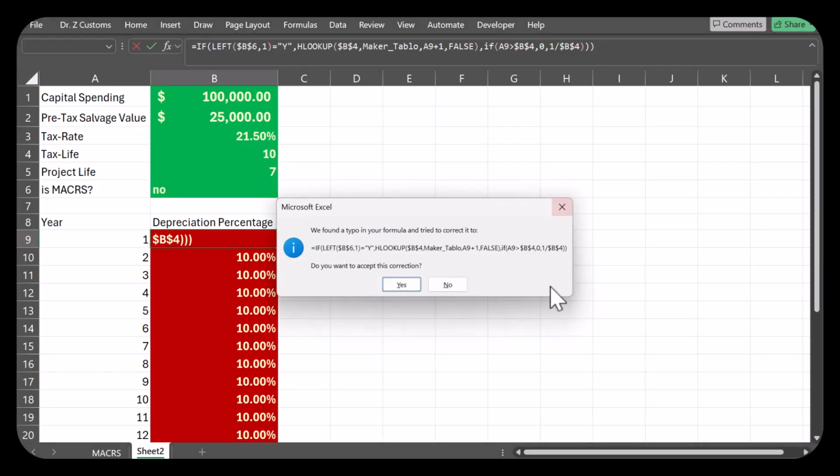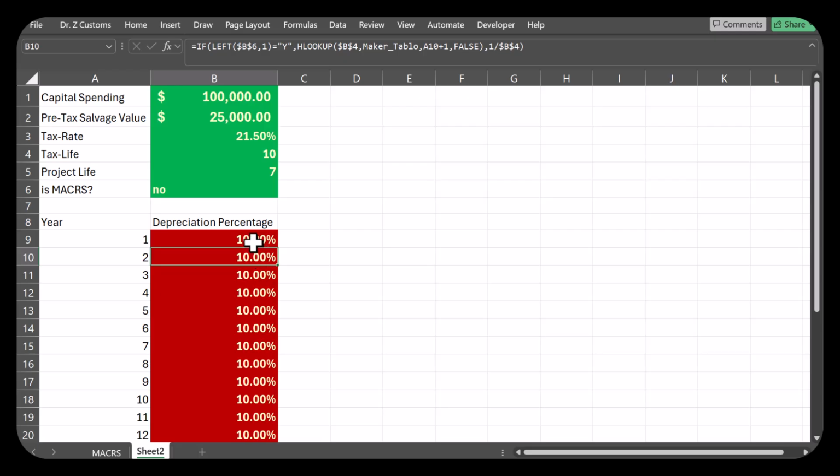So if this was 5 years, you only get the first 5 years. Makers takes 6 years, we get the 6 years.